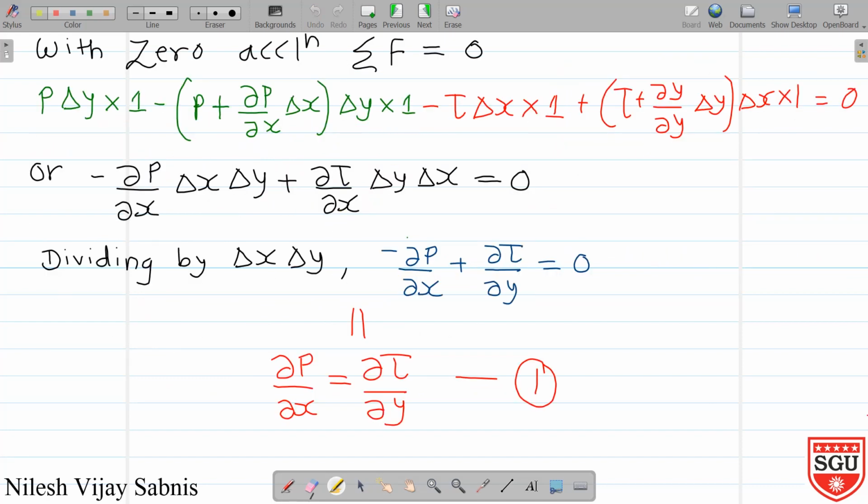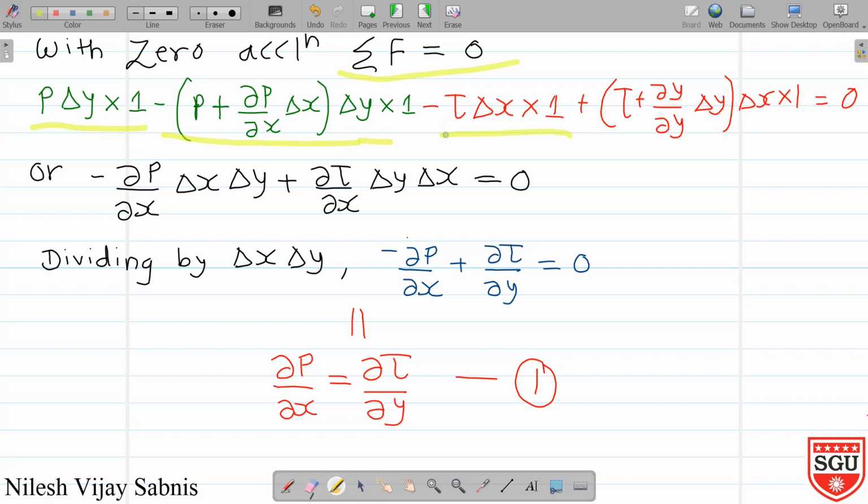In the previous derivation we have seen with zero acceleration summation of all the forces is equal to 0. So adding all the forces, this is the pressure force on AB, this is the pressure force on CD which is in the opposite direction so that it has minus sign.